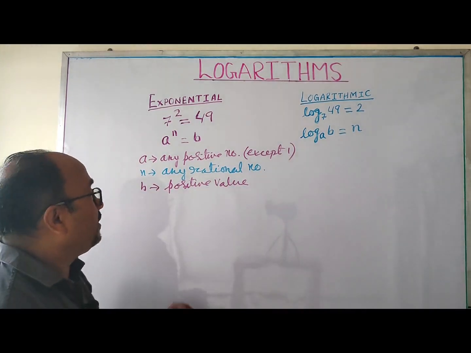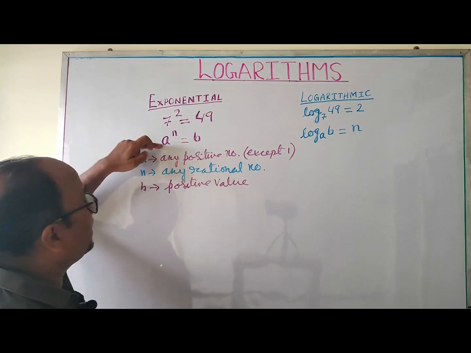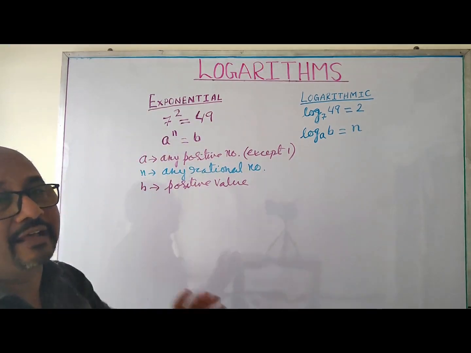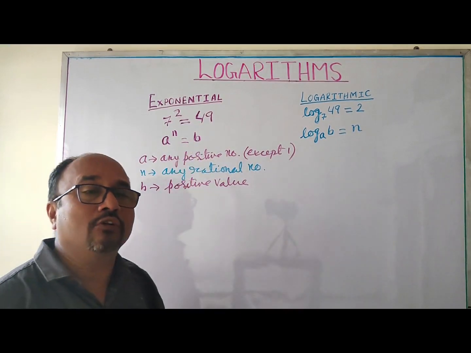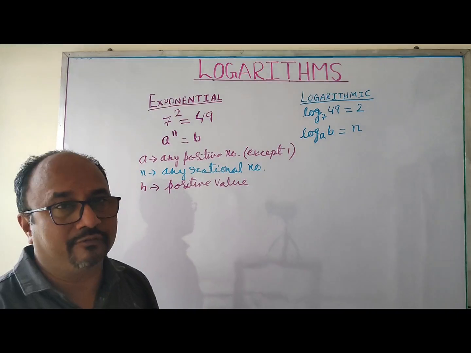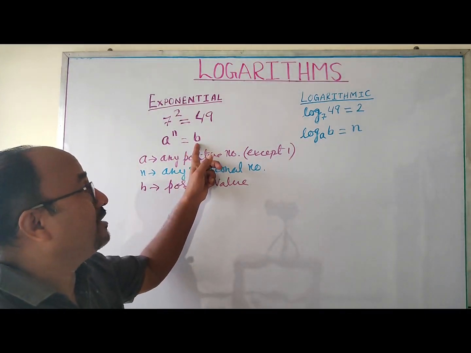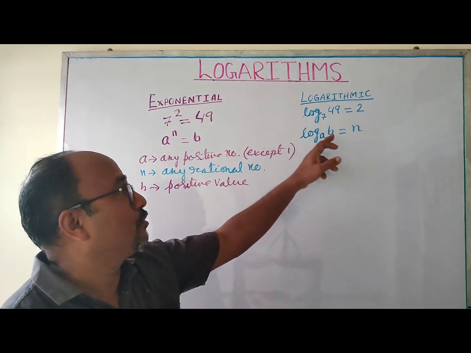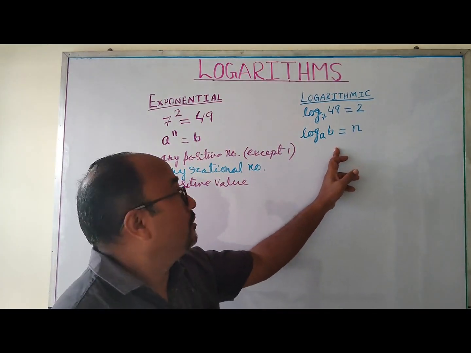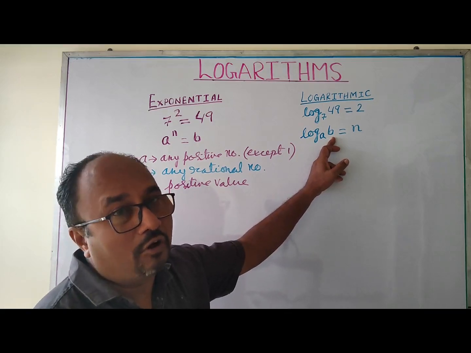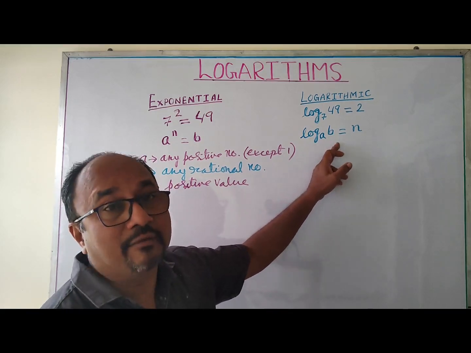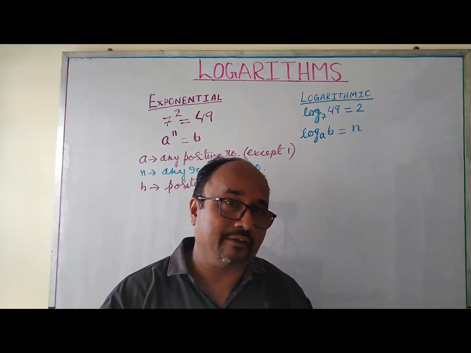Okay. Then if a is positive, n is any rational number, whenever we simplify it, b value will always come as positive. So when we know that b will come as positive and take a look at the log form, what we notice here is it is a log of b. So log of b with any base, that b cannot be negative.